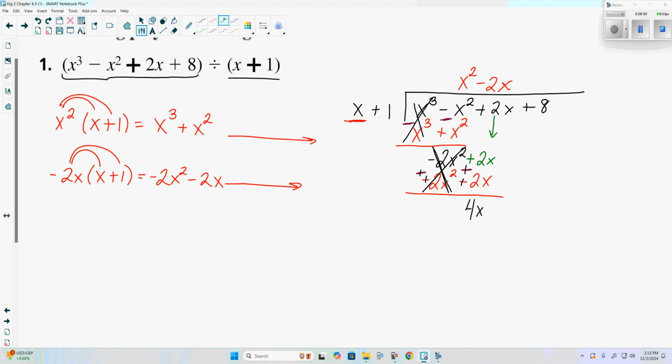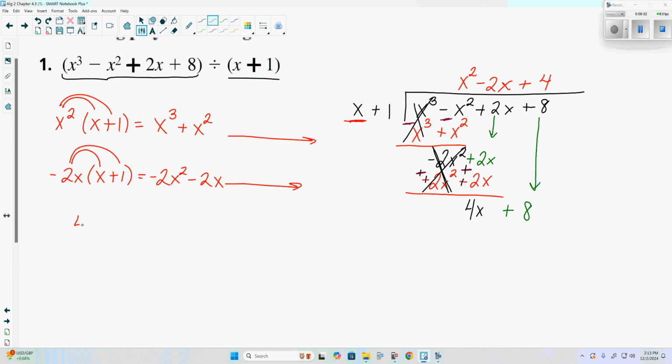Then we would bring down the 8. And we do this all again. What times x is 4x? Well, the x's are already the same, yes? So we're just seeing what times 1 is 4, which would be 4. So it's just plus 4. Because x is already matching, so it's just what times our x gives us 4x, so it's just 4. And we're going to do this again.